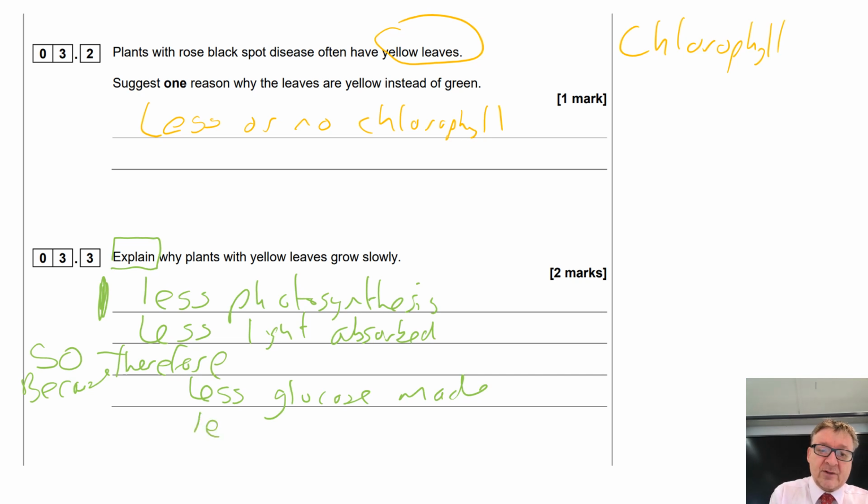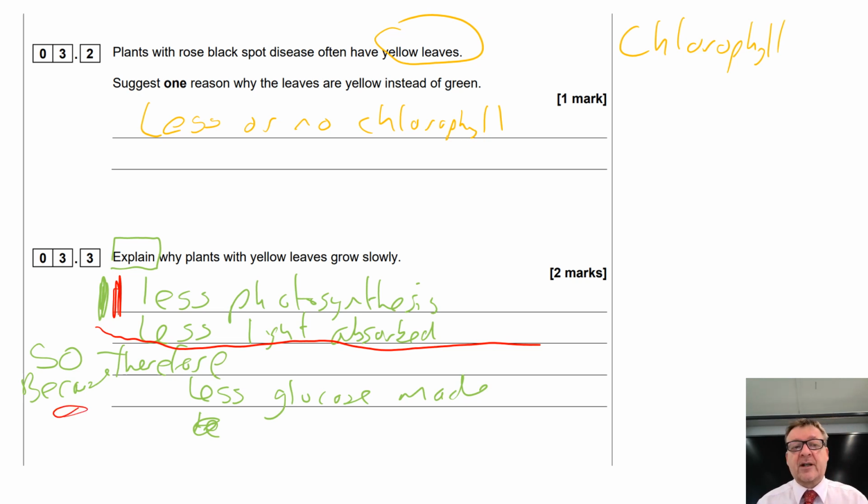The key is I split it into two. With an explain question, you describe first, this is the reason why, and then I like to start with so, because, or therefore. I could say: there is less photosynthesis, therefore less glucose made, 2 marks. There is less photosynthesis, so there is less glucose made. Because doesn't necessarily fit into that one, but that's the crux behind it.